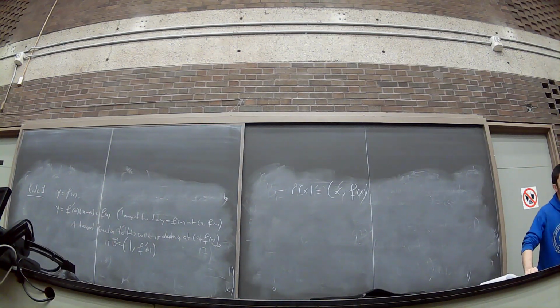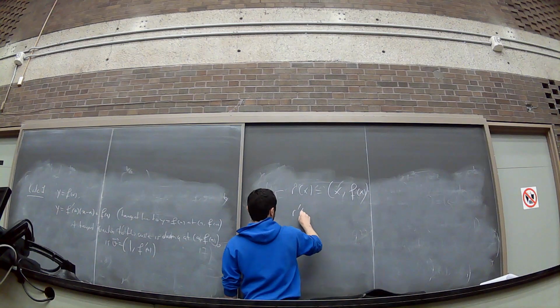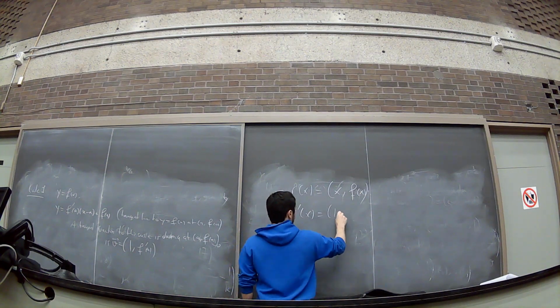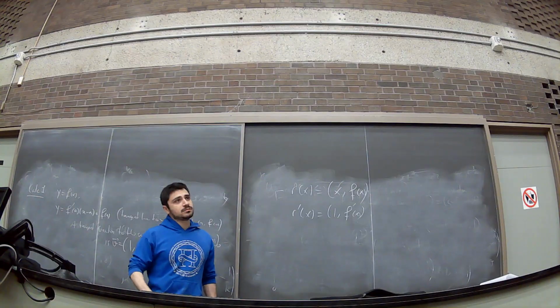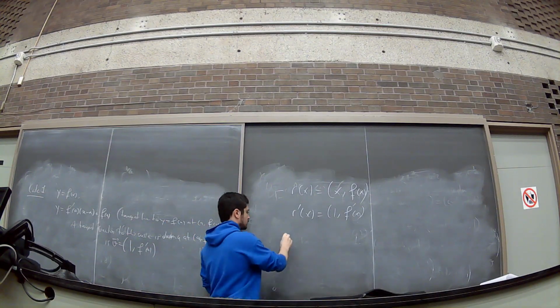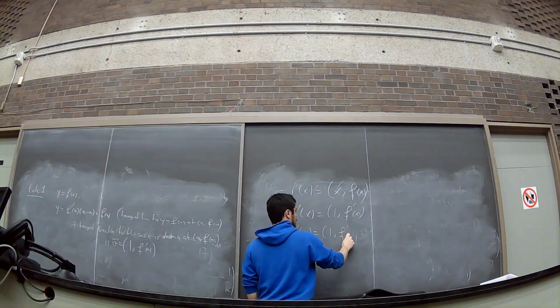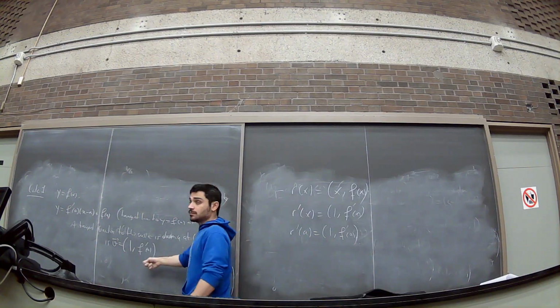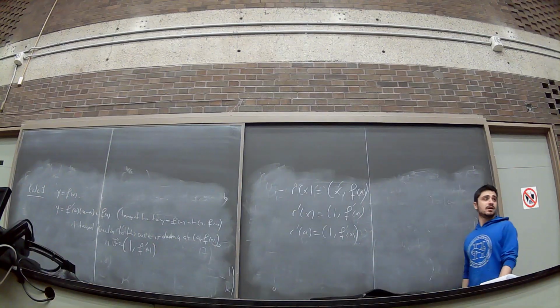I differentiate: r prime of x, what is that? It's just (1, f prime of x), right? And what's the tangent vector when x is equal to a? It's (1, f prime of a). Okay? We obtain this again.